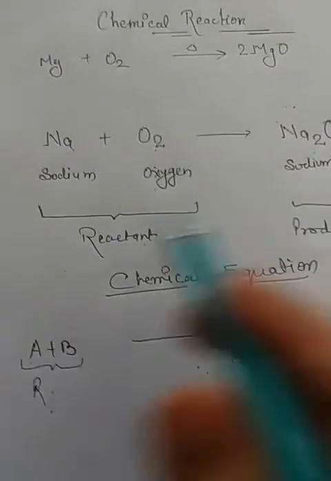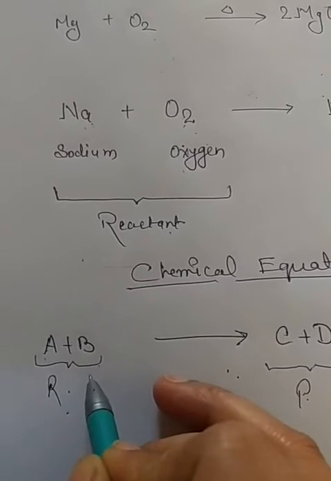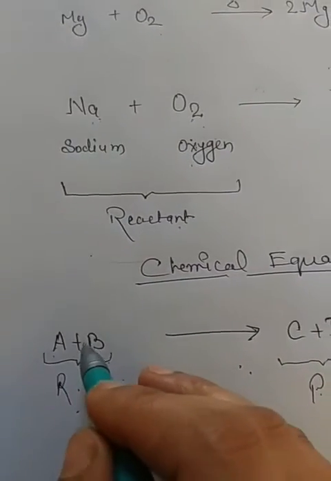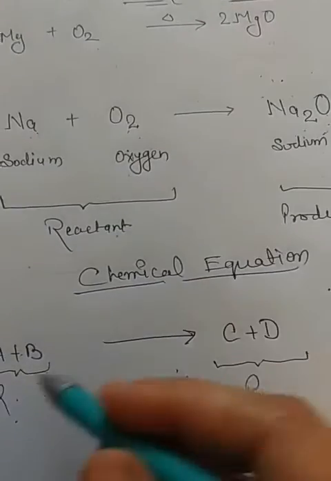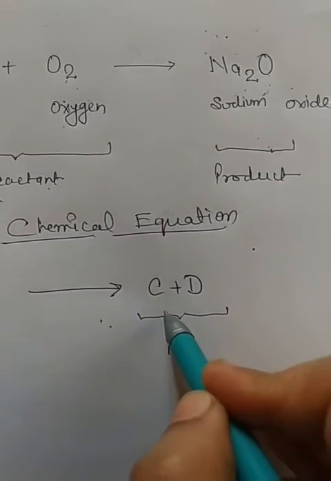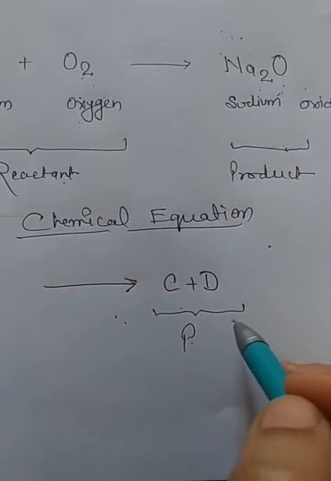Now let's discuss the rules. Reactants are written on the left hand side with a plus sign between them. Similarly, products are written on the right hand side.